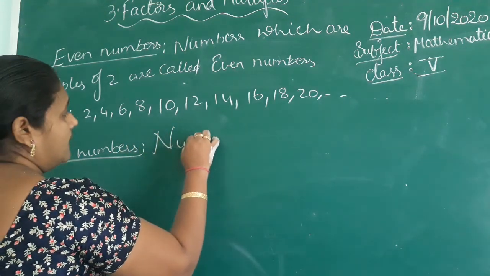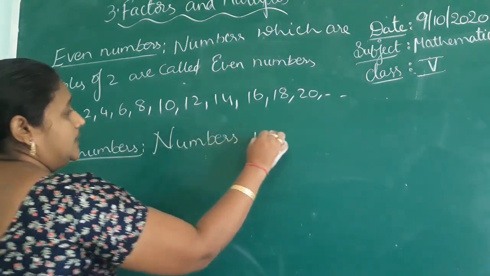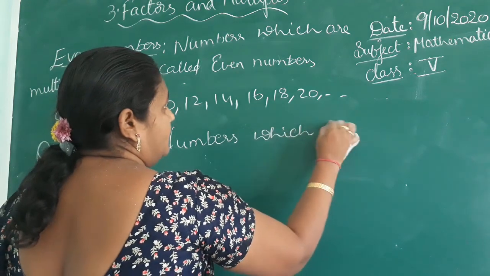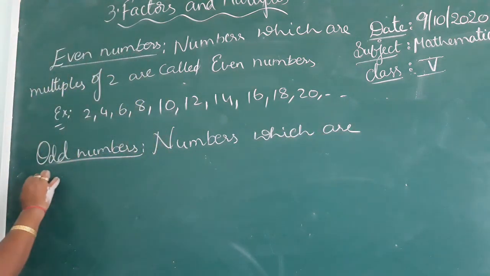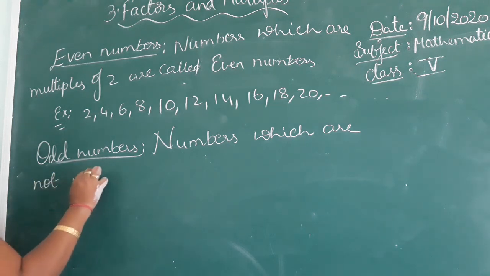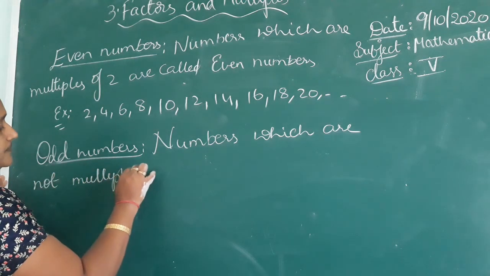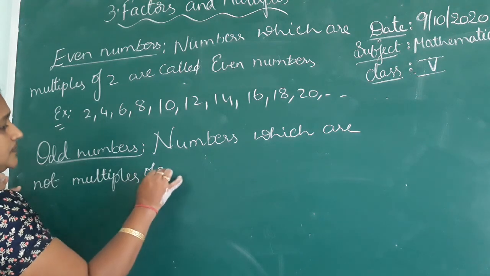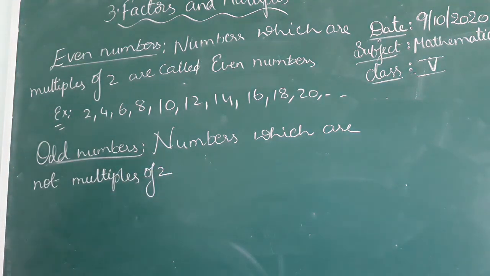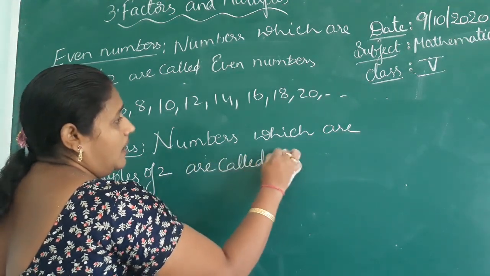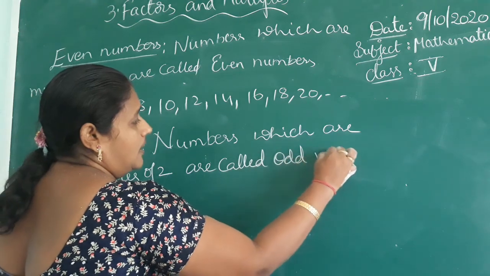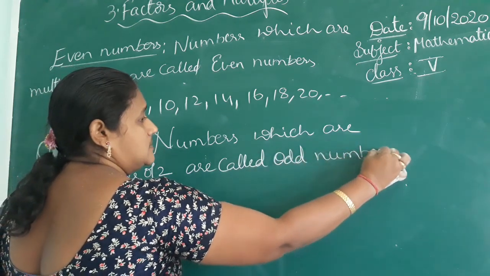Numbers which are not multiples of 2 are called odd numbers. Okay.